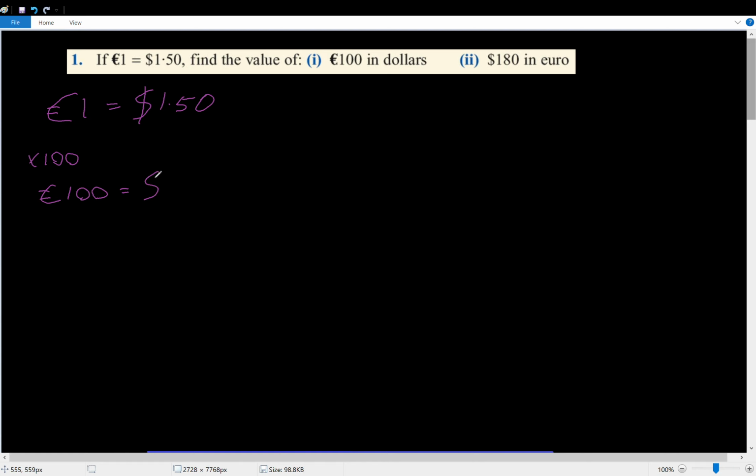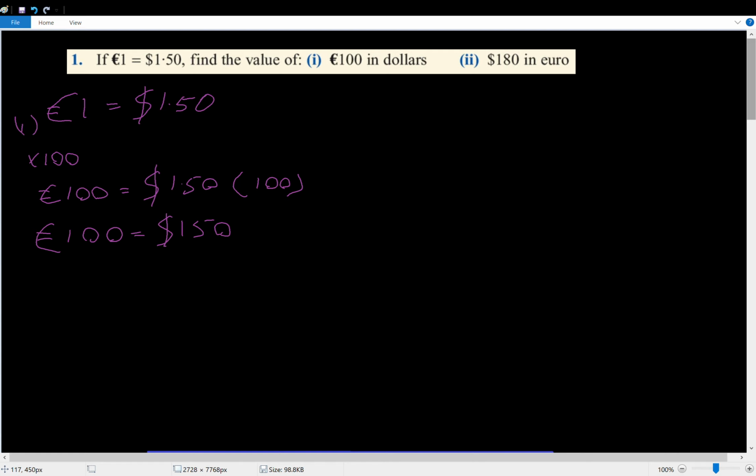And we then multiply $1.50 by 100. Like this. In which case we will find out that €100 is equal to $150, like that. So that was part 1.